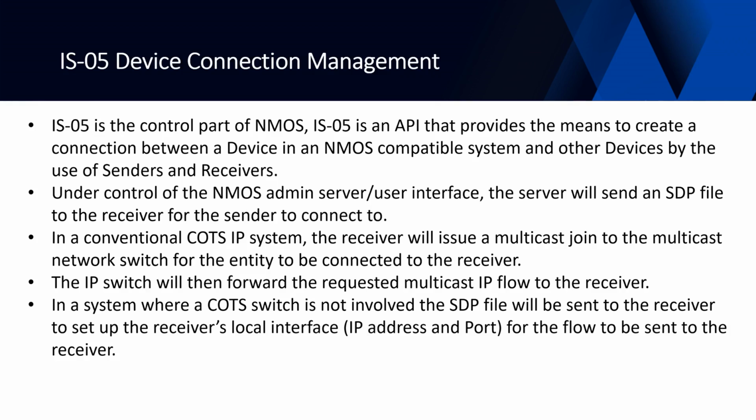So if I need to connect a receiver to a given sender, I'm going to use IS-05 to drop that SDP file on that receiver. That receiver then in a conventional COTS network is going to then forward an IGMP join to the network, and the network will provide that flow to that receiver.